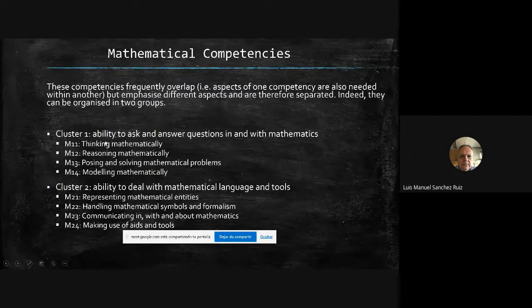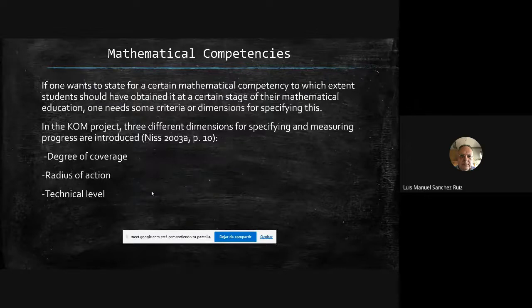The first cluster will be the first four ones. It is the ability to ask and answer questions in and with mathematics. And the second cluster will be the last four ones, maybe the ability to deal with mathematical language and tools. Well, this has got to do with mathematical competences.